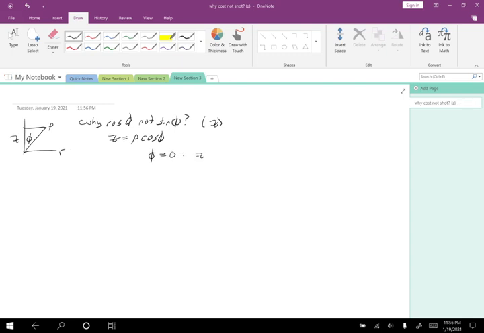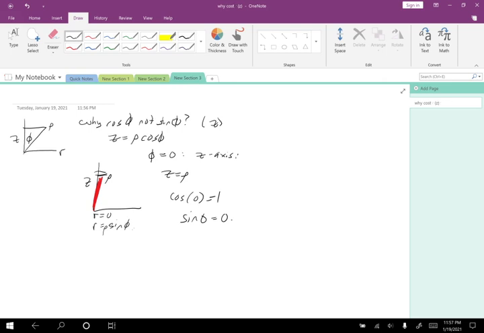And this will give you the z-axis. And then you'll get z equals rho. And so on our diagram, that is exactly what we would hope, because now z and rho match up exactly. Z equals rho. And so that's why we use cosine, because cosine of 0 is 1. If we had sine there, we would get 0, but z is not 0, r is 0. So that means r is the sine.